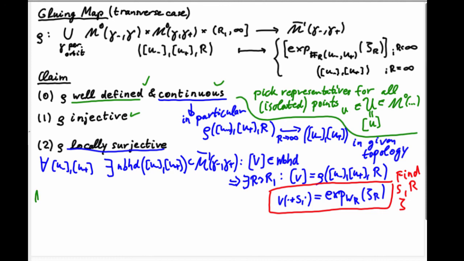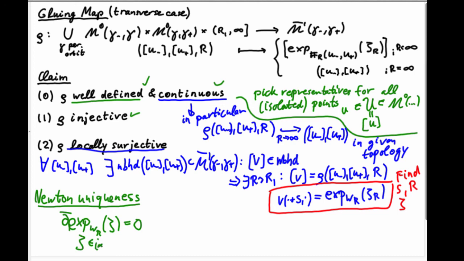So the good news is the Newton uniqueness, which says that if I have d bar of x w r of zeta equal to 0 and zeta lying in the image of my right inverse, and zeta being small, then zeta actually has to be equal to the unique solution that I had.